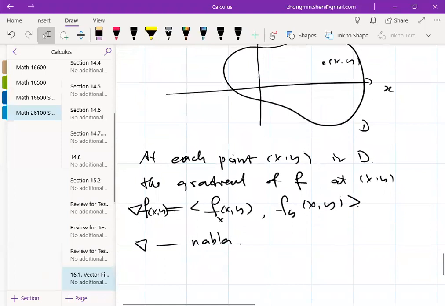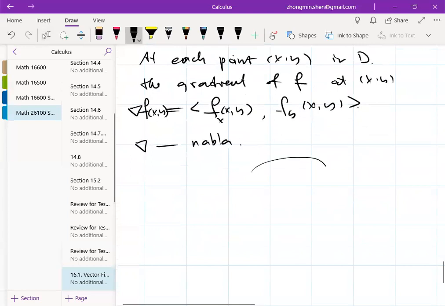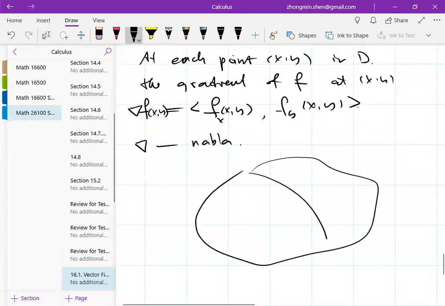Now, what is the geometric meaning of this vector? Remember, you can have a level curve, right? The gradient is a vector perpendicular to the level curve. Okay, how do you see that? And it also tells you how fast.